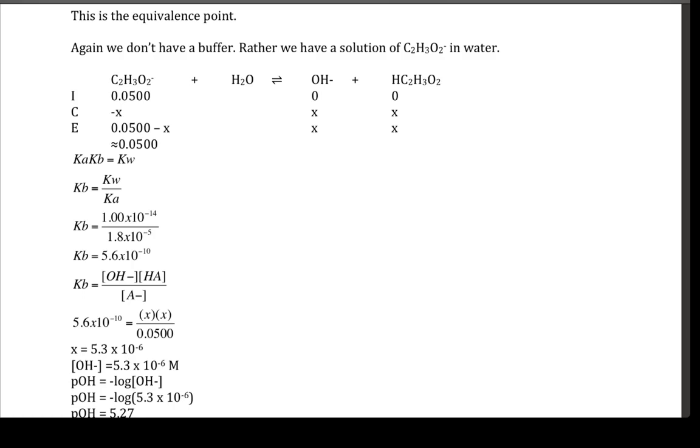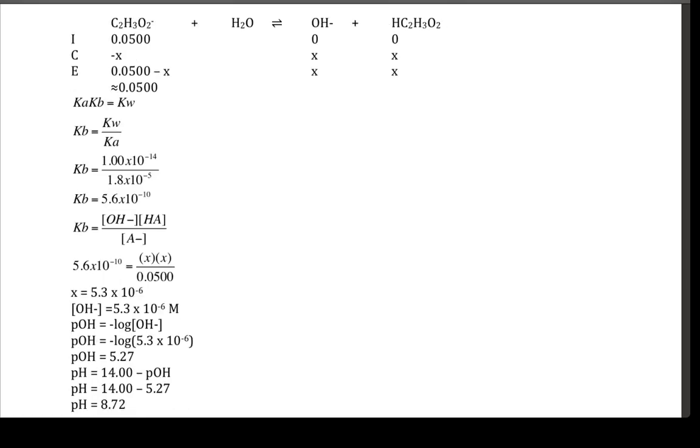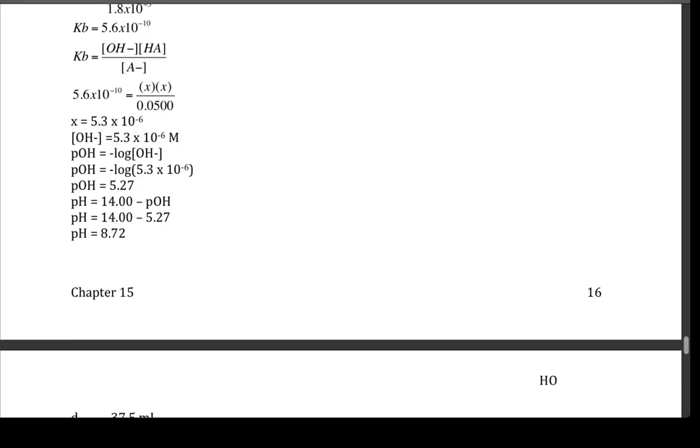X is OH minus, so we have OH minus concentration equals 5.3 times 10 to the minus 6 molar. We take the negative log of that to get the pOH is 5.27. We subtract that from 14.00. We get that the pH is 8.72. So what that represents is the pH at the equivalence point. It is greater than 7.